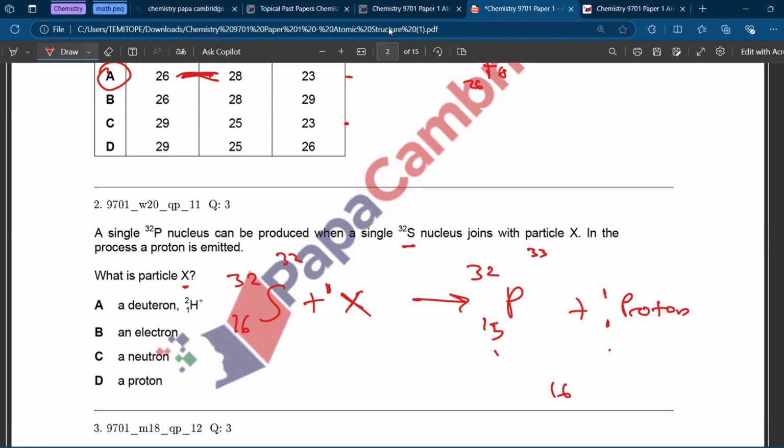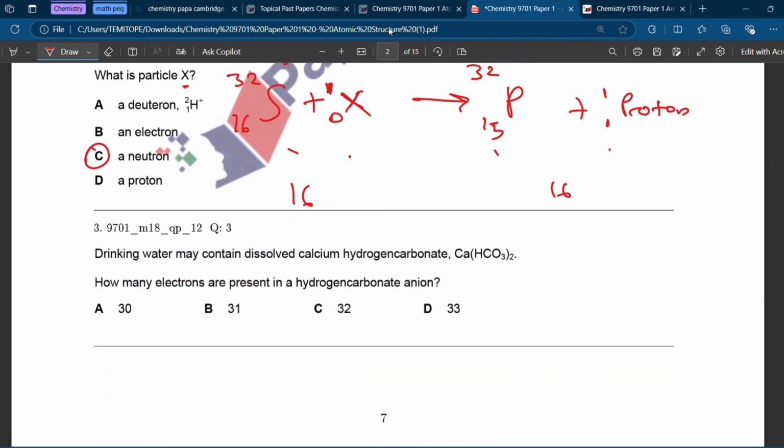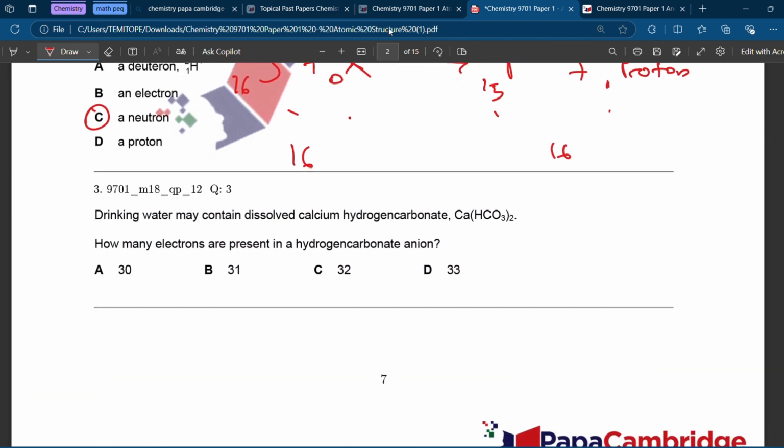This side is 15 plus 1, that's 16, and the sulfur already has 16 as well. So X has no proton or electron. All it has is a single neutron, so in that case, we know this is a neutron. I don't know if my explanation made some sense.